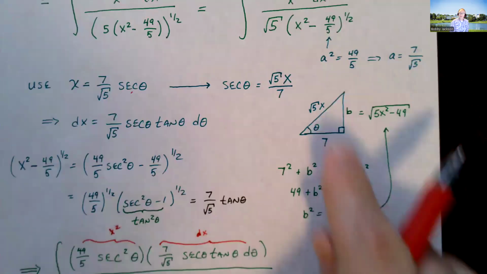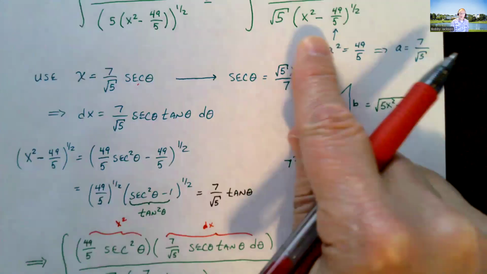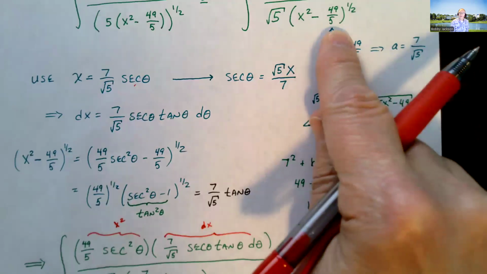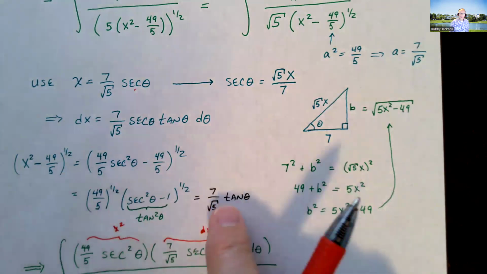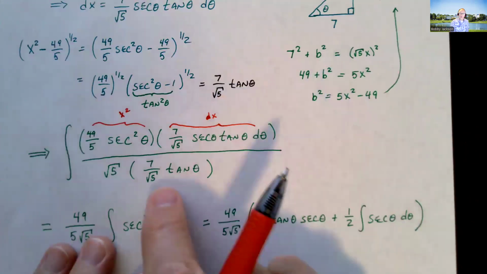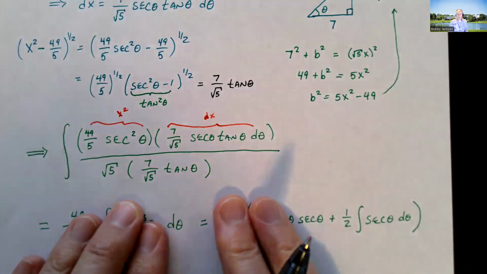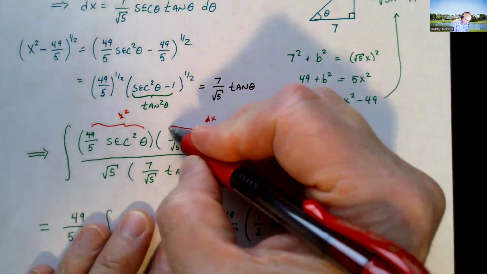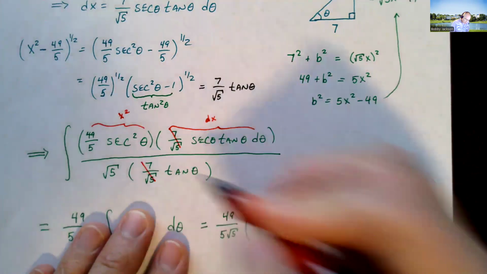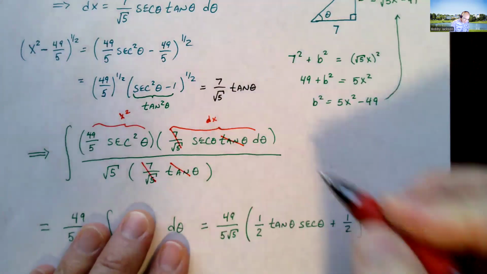So I've got x squared dx, and then down at the bottom I've got square root of 5, there's my square root of 5. And then this x squared minus 49 fifths to the 1/2 power we calculated to be this quantity, 7 over root 5 times tangent theta. It's a lot going on, but it simplifies down a little bit. I can divide top and bottom by 7 over root 5, and I can divide top and bottom by tangent theta.